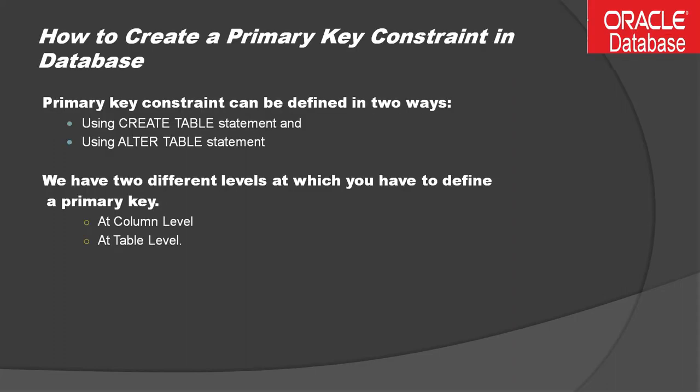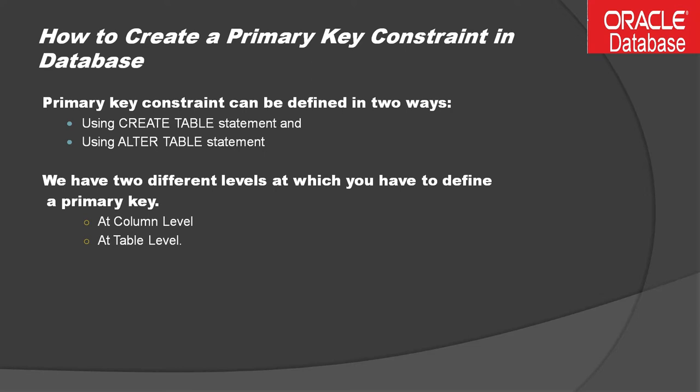Now, how to create a primary key constraint in database? There are basically two ways primary key constraints can be defined. Either you can use a create table statement or alter table statement. So while creating the table itself, you can define the primary key.